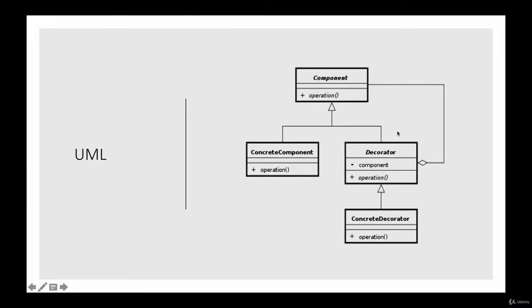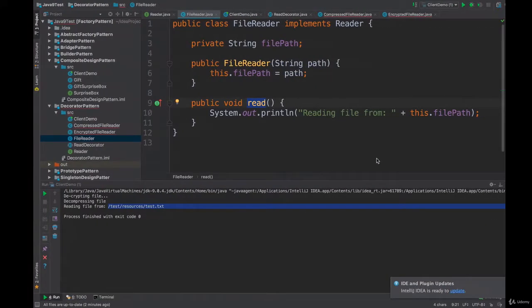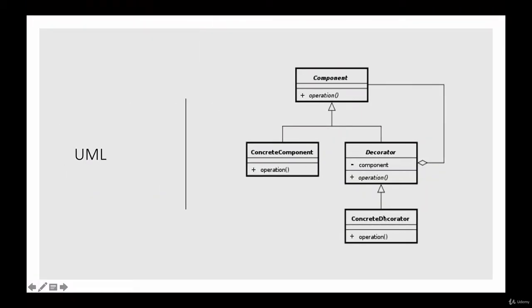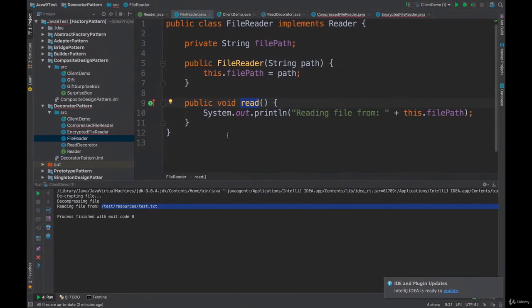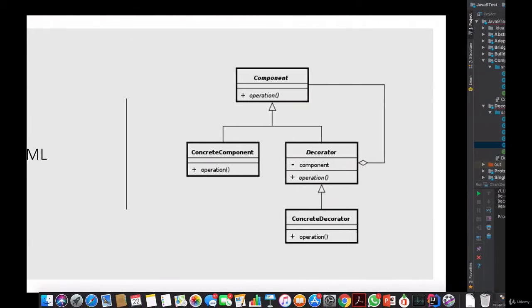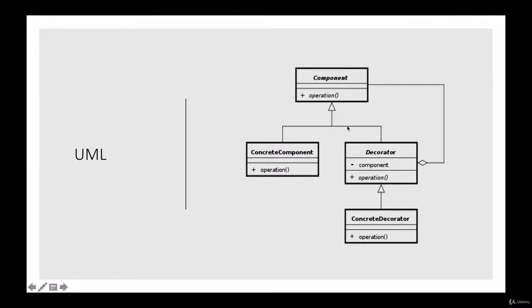So let's go to our decorator and create some abstract decorator. Then we'll inherit some concrete decorators from the abstract decorator. So let's go to our read decorator, which is already implementing the reader class. We will go ahead and have a reader which is living inside this read decorator, because we have a reference for the component.